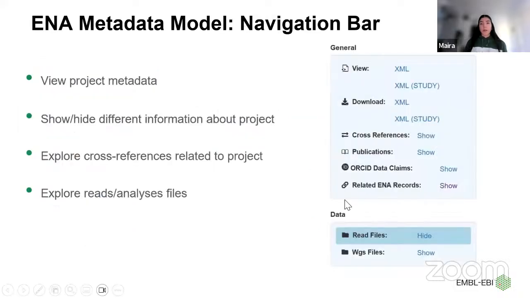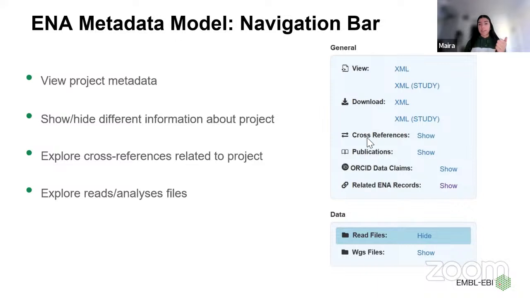The browser also has this kind of navigation bar right here, and this used to be just one box. We've now separated this into two, so we have a general box right here, and then we have a data box to highlight the data files submitted with this project. So you can access almost everything linked to this project through the navigation box.